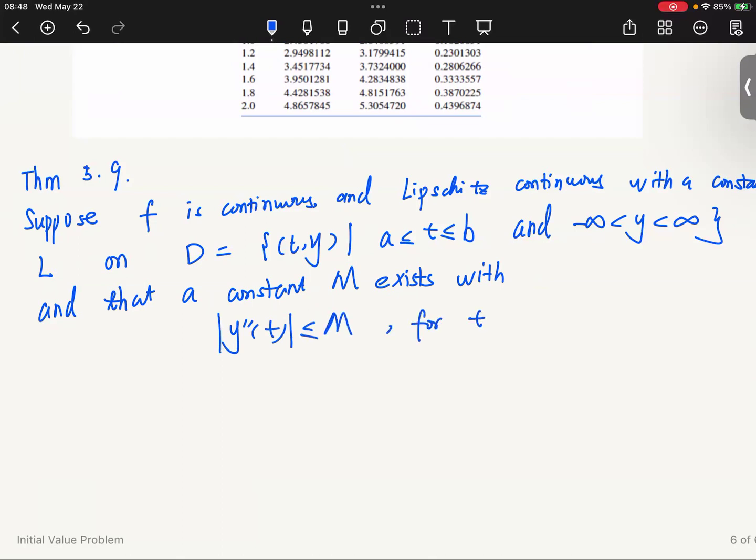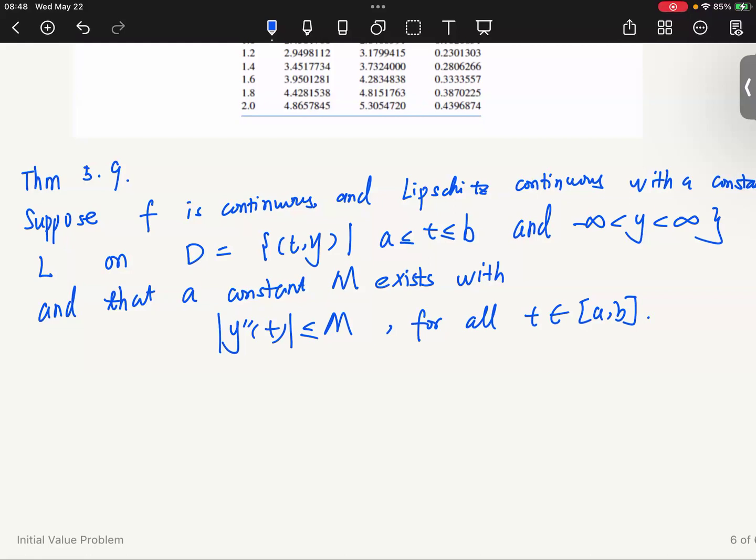This makes sense because otherwise, if the second derivative is very large, the error term in the Lagrange remainder could be very large. If we want to ignore that error term in the Taylor expansion, we should have some bound for the second derivative.